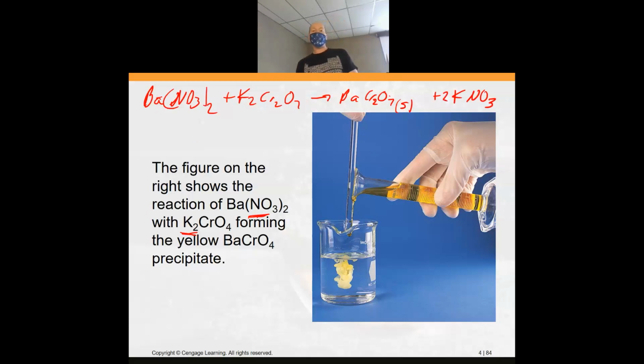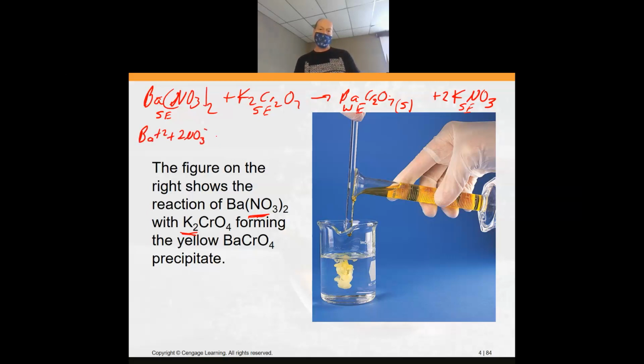All nitrates are soluble, so this is a strong electrolyte. All potassiums are soluble. This is a strong electrolyte. I would tell you that this is insoluble, which makes it a weak electrolyte. And this is potassium, all soluble, nitrates all soluble. This is definitely a strong electrolyte. So strong electrolytes will break up. Here you will get barium plus 2 and 2 NO3 minuses.